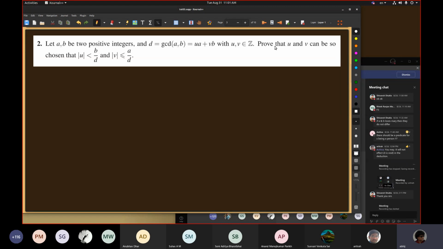Now, what I want to demonstrate is that I can always choose U and V, which are of course not unique, such that the absolute value of U is no bigger than B by D, whereas the absolute value of V is less than or equal to A by D.